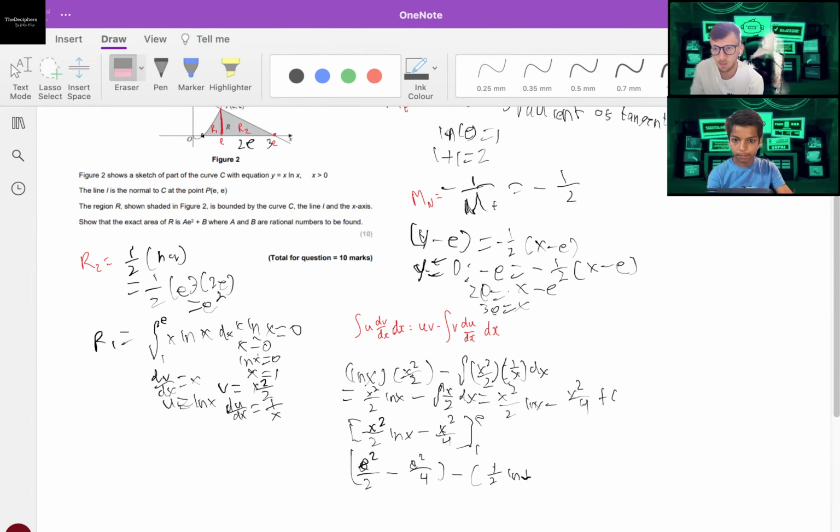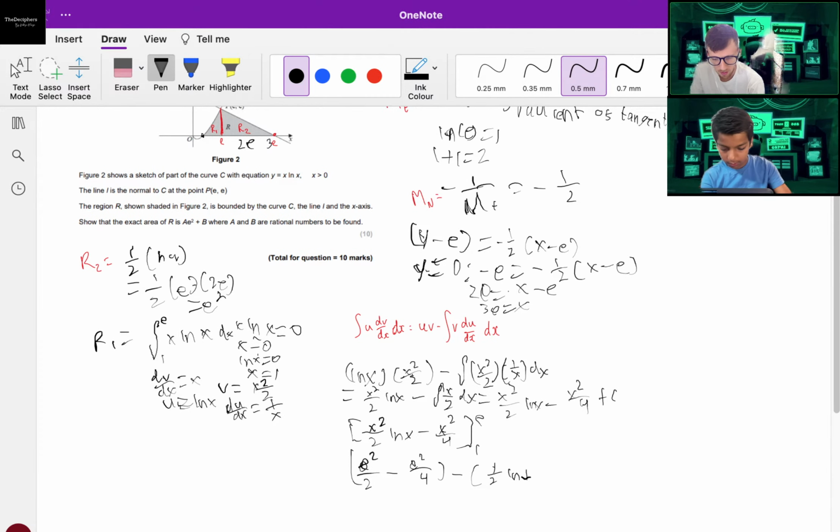Good. So, you subbed in E, x squared over 2 ln E is just x squared over 2, so E squared over 2 minus x squared over 4 becomes E squared over 4, and you're taking away when you substitute 1 in, so a half ln 1 minus a half ln 1, and that minus 1 squared over 4.